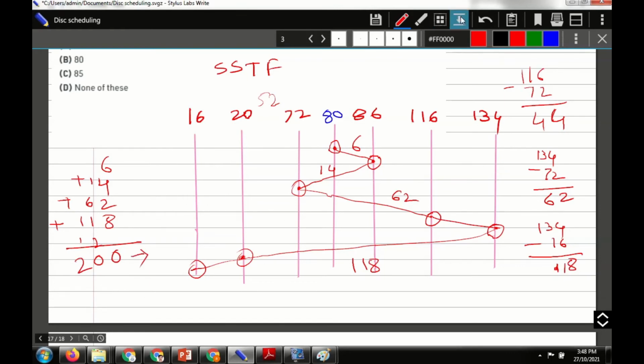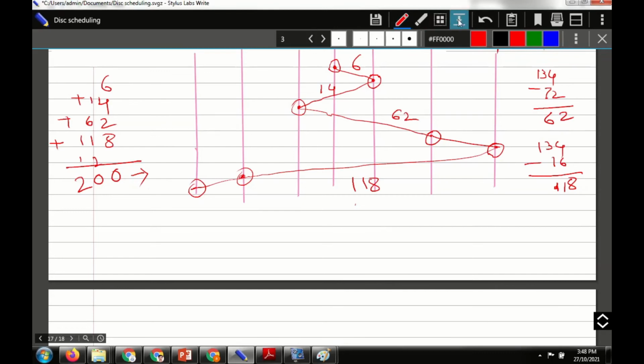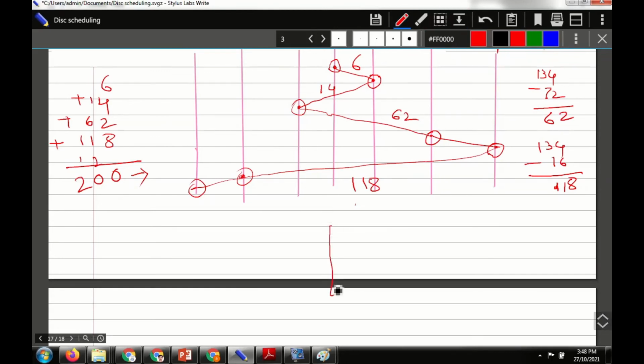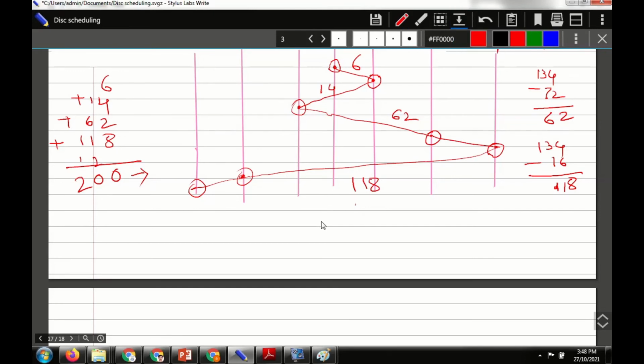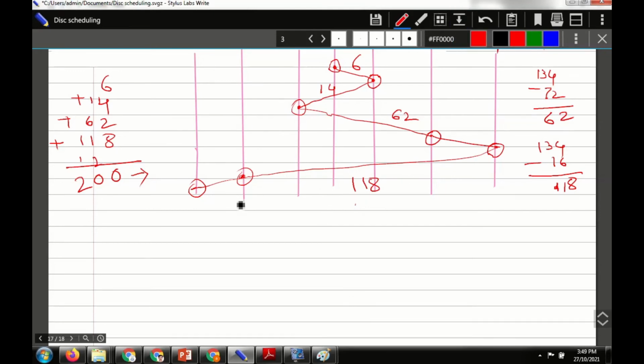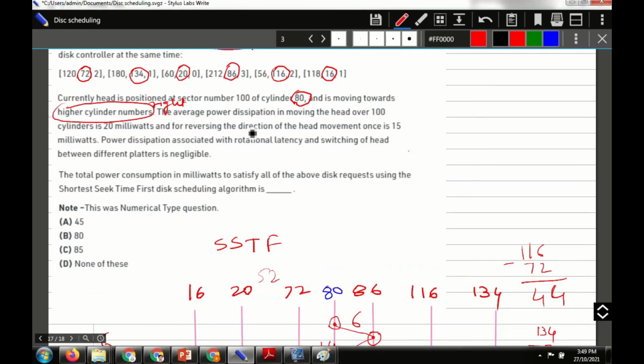Okay, now we have to calculate the power. Power required. There are two considerations given here.